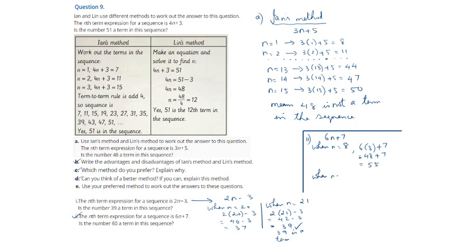When n is equal to 9, it becomes 6 into 9 plus 7, 54 plus 7 is equal to 61. But the given question is, is 60 a term? So we can say no, 60 is not a term in this sequence.